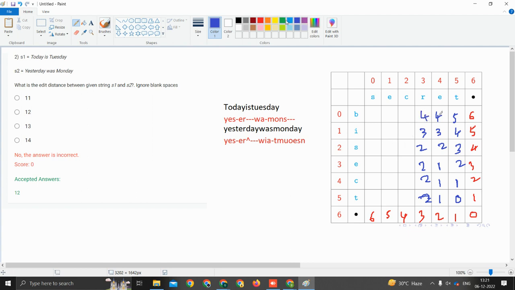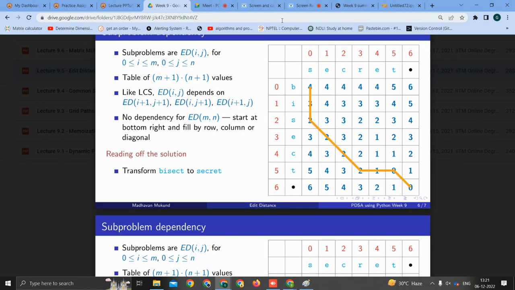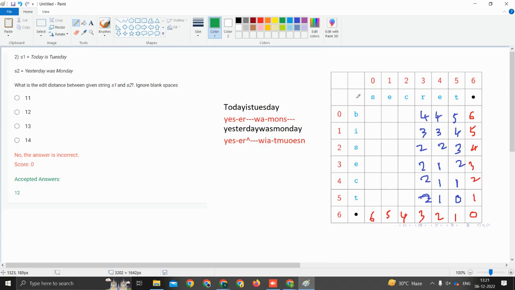Let's confirm it, I don't want to come back again. T and C are not matching, it comes 3, 3. C and C matches, so take the diagonal, 2. Then 3, 3, 3, and then 4.